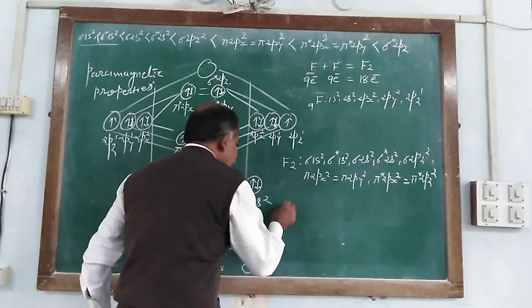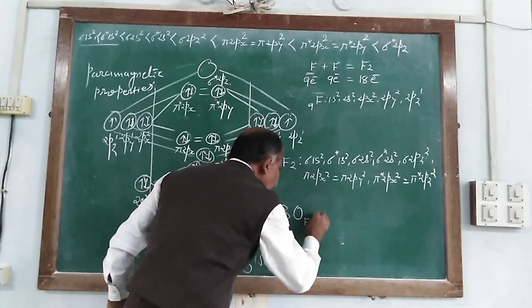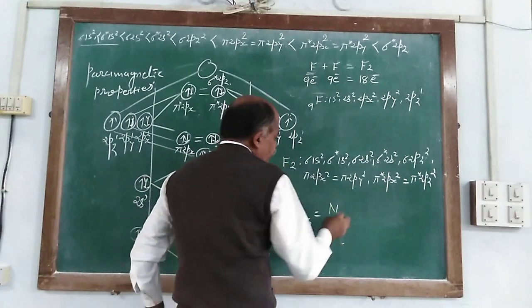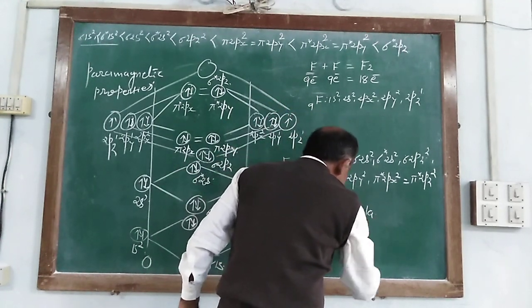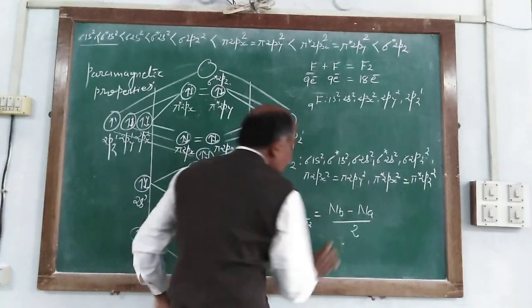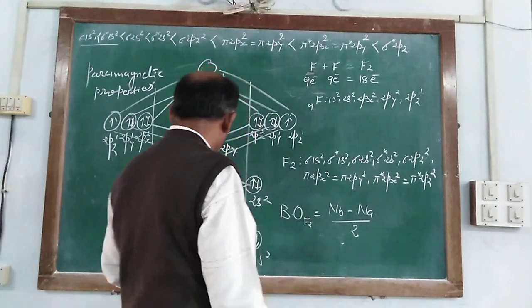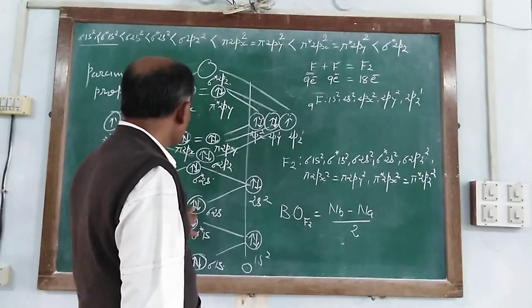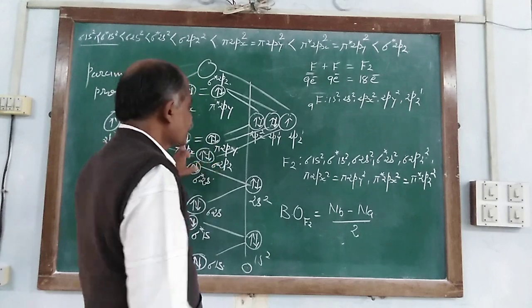Now we calculate the bond order for the F2 molecule using the formula Nb minus Na divided by 2. The number of electrons accommodated in bonding molecular orbitals is 2, 4, 6, 8 and 10.